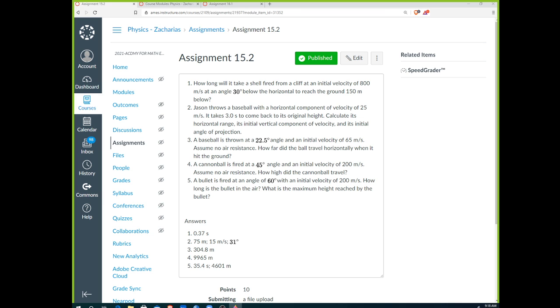And it looks like it just was the degrees that it didn't like me using that copy and paste feature.